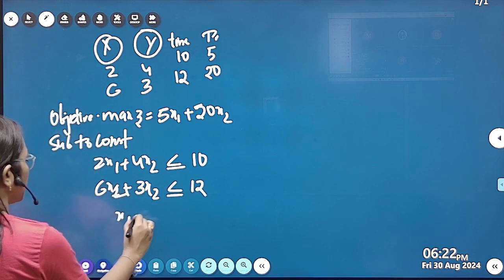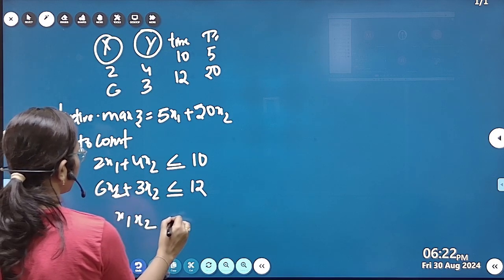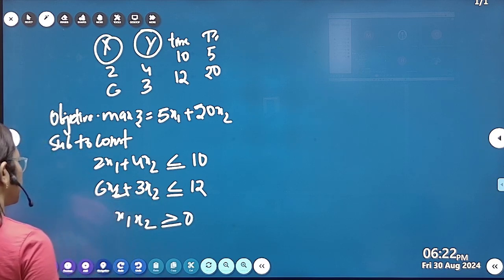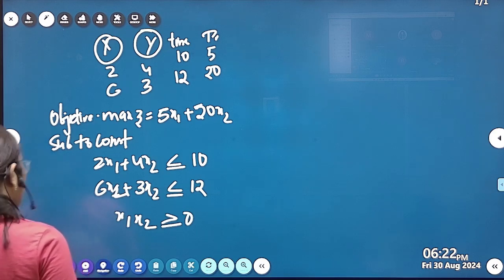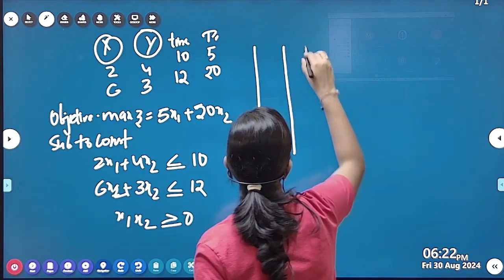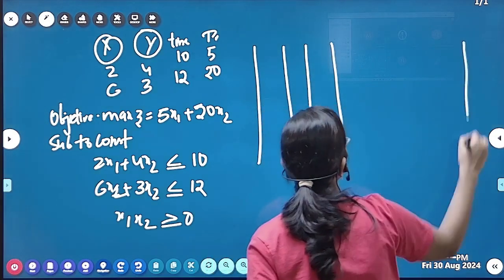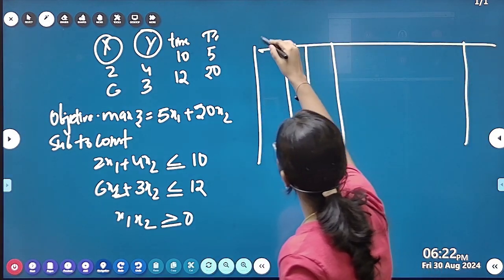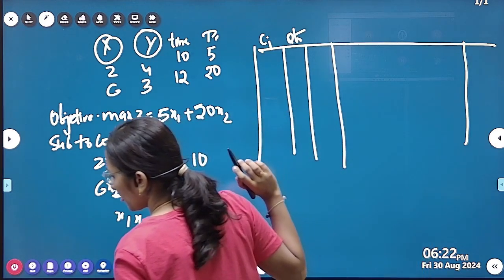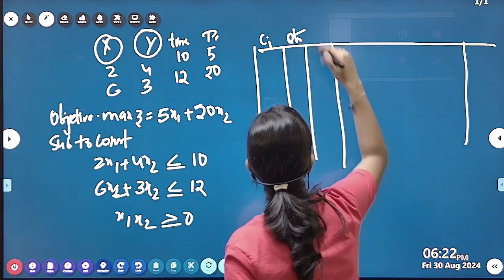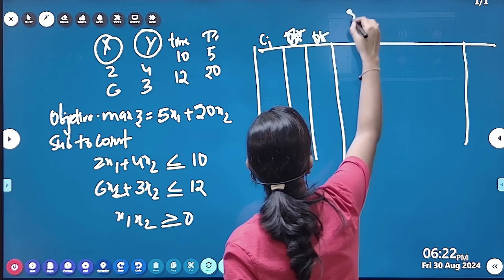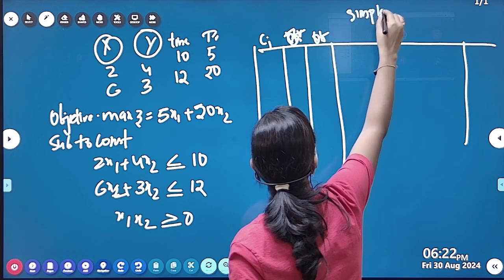So x1 comma x2 should be more than or equal to 0. So now let us make the table. So this is the quantity. Next, sorry, this will be the base value and this is the quantity, and this is the simplex table.